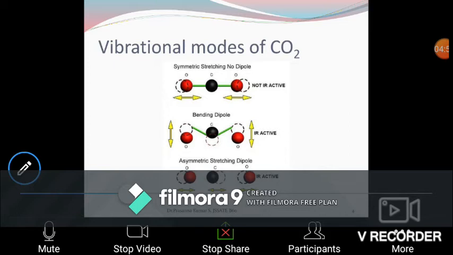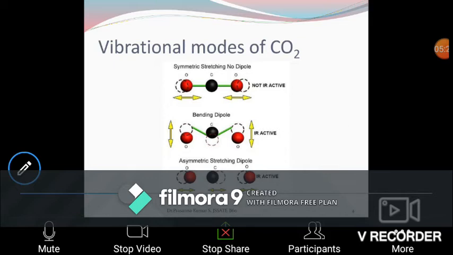So if you take a carbon dioxide molecule, there are three possible vibrations. The carbon dioxide molecule vibrates in three different ways: one is the symmetric vibration, another is the bending vibration, and the third is the asymmetric stretching mode.